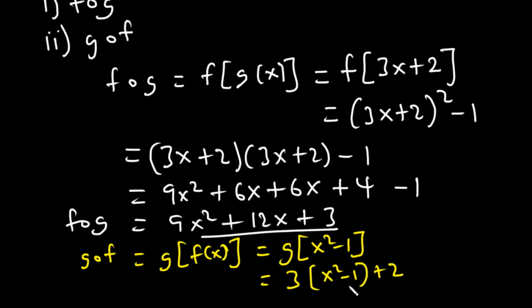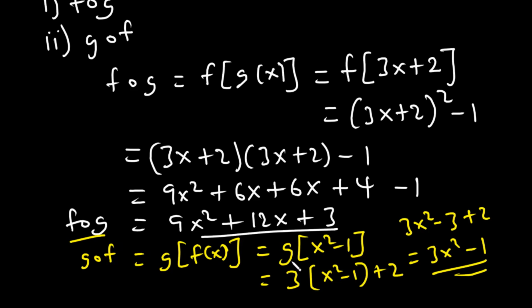Now 3 times x squared is 3x squared, and then 3 times negative 1 is negative 3, plus 2, which is equal to 3x squared minus 1. So it is clear that f of g is not equal to g of f, which means that f of g and g of f are not commutative.